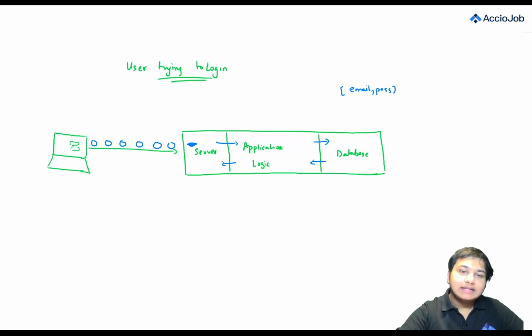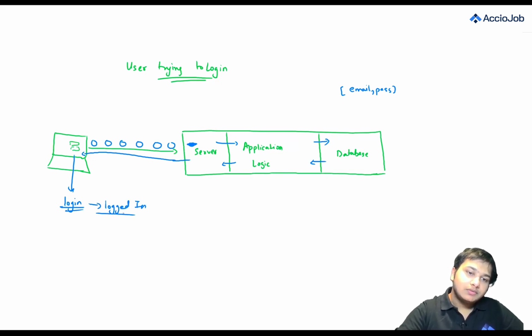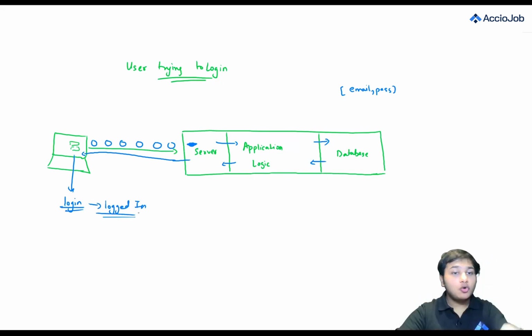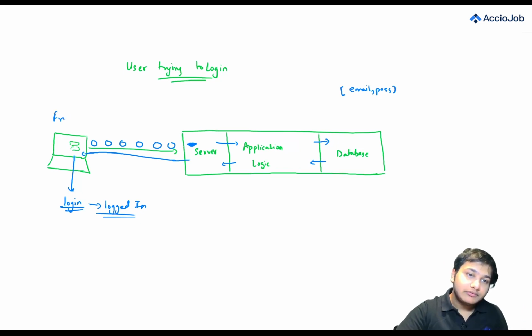That response, once received by the server, will then be sent to the front end, and the user will be able to log in. The user then will be logged in. So this is the entire journey of how the front end interacts with the backend.